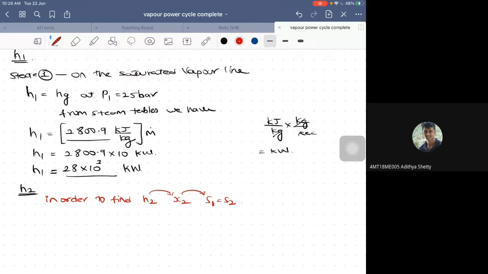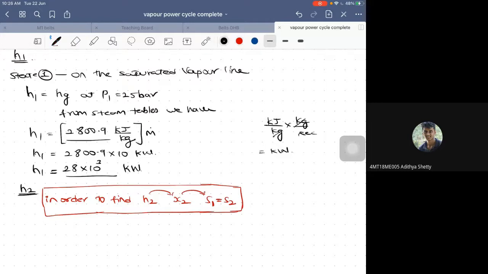So keep this in a box so that you will always have the sequence of steps in your mind. You can use this relation s1 equals s2 because it is an isentropic process.